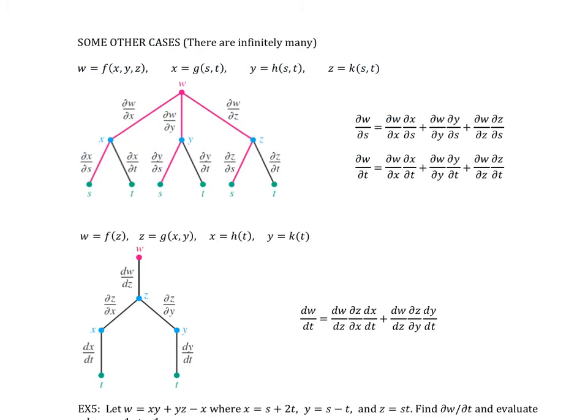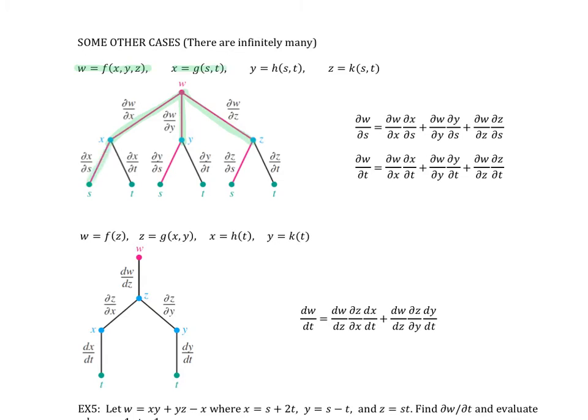So here's some other cases. Now, there are infinitely many types of functions and diagrams that we can draw, but let's just look at some more for fun. Let's say that we have this function w written in terms of 3 variables, x, y, and z. So I break w into 3 branches, x, y, and z. And let's say that x is a function of s and t.